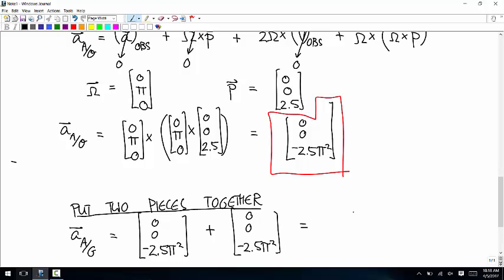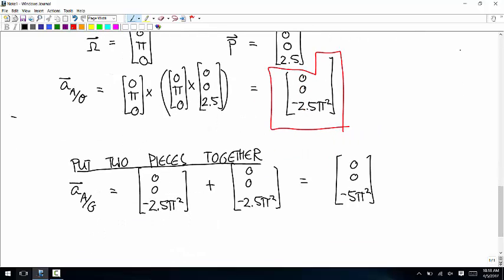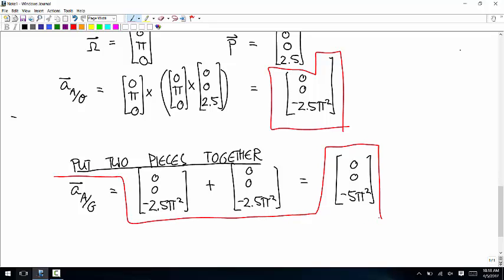And you get a total acceleration of 0, 0, negative 5 pi squared, which is what we got in the two other approaches. Cool, right?